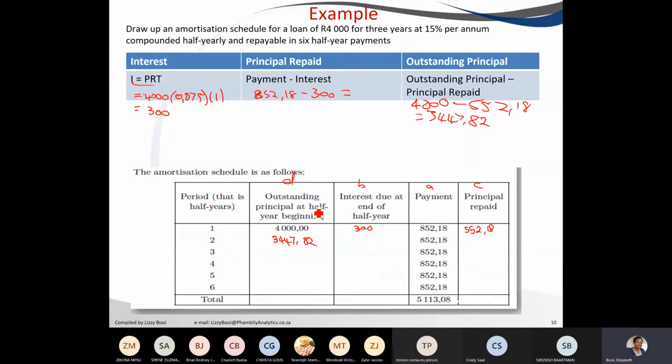Then we go back to B because A is already completed. So B says 3447.82 multiplied by 0.075 multiplied by 1, which gives us 258.59.